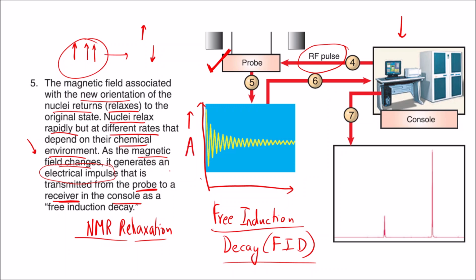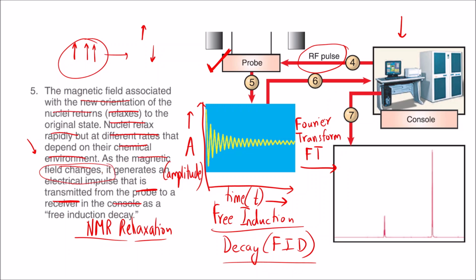This is a plot of amplitude versus time. So can you analyze from this? The answer is no. After this, you apply a function called the Fourier transform. It is a mathematical function, and you apply the Fourier transform.